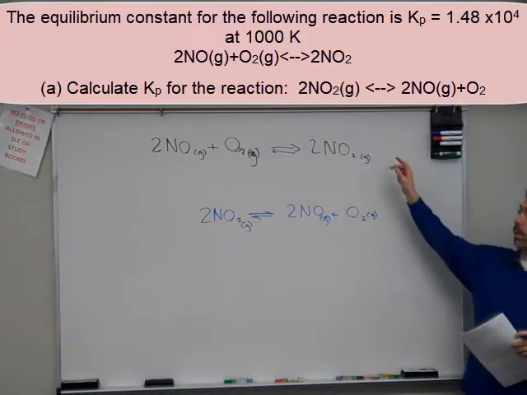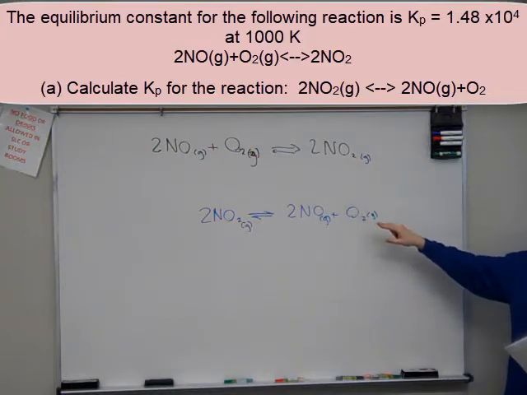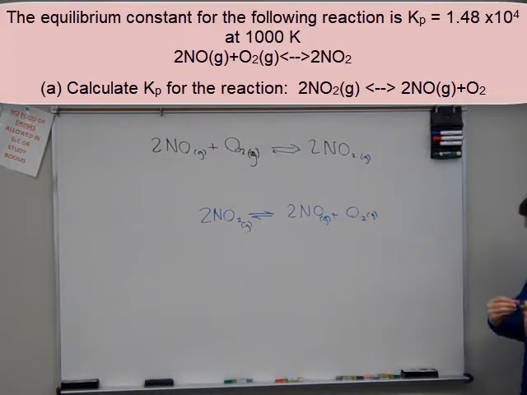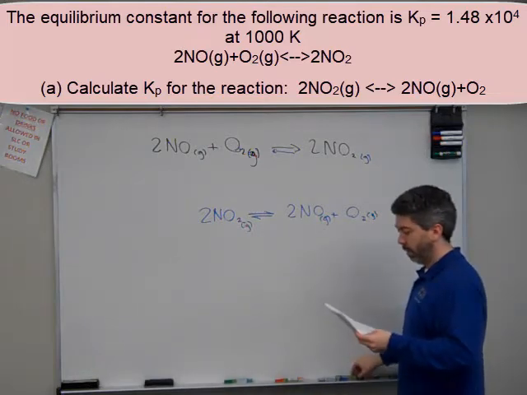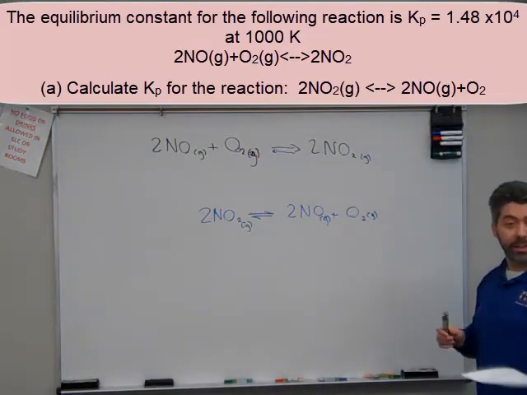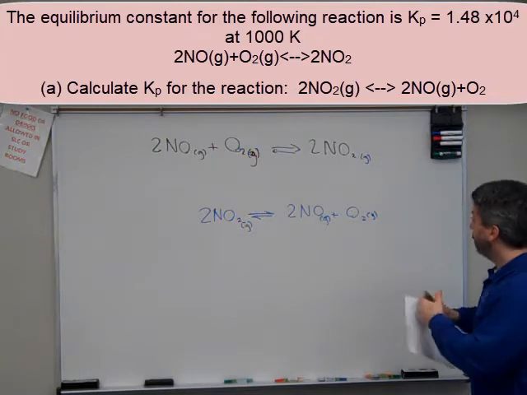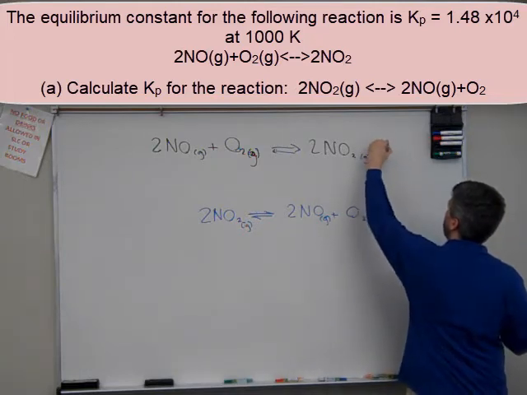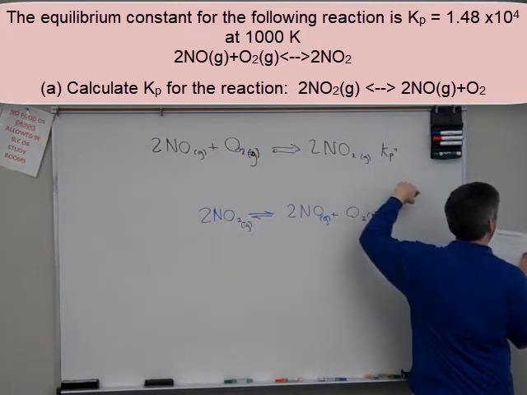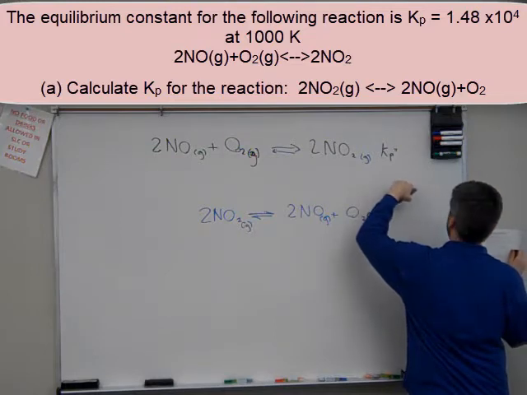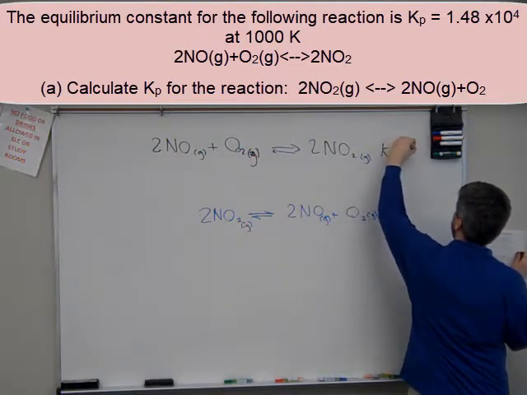What's the difference between the given reaction and this reaction? Maybe just reverse. It's reversed, exactly. So the Kp for the original reaction is 1.48 times 10 to the 4th, or basically 14,800.